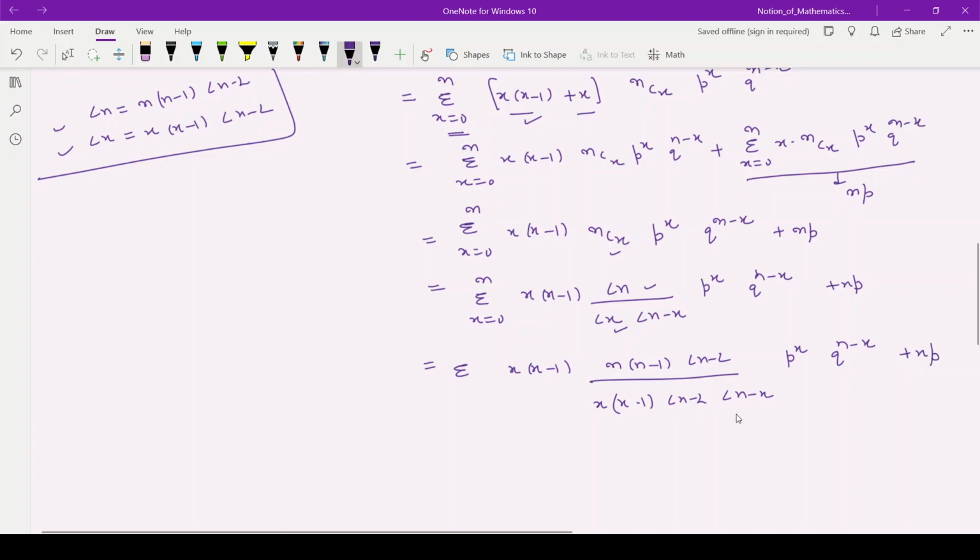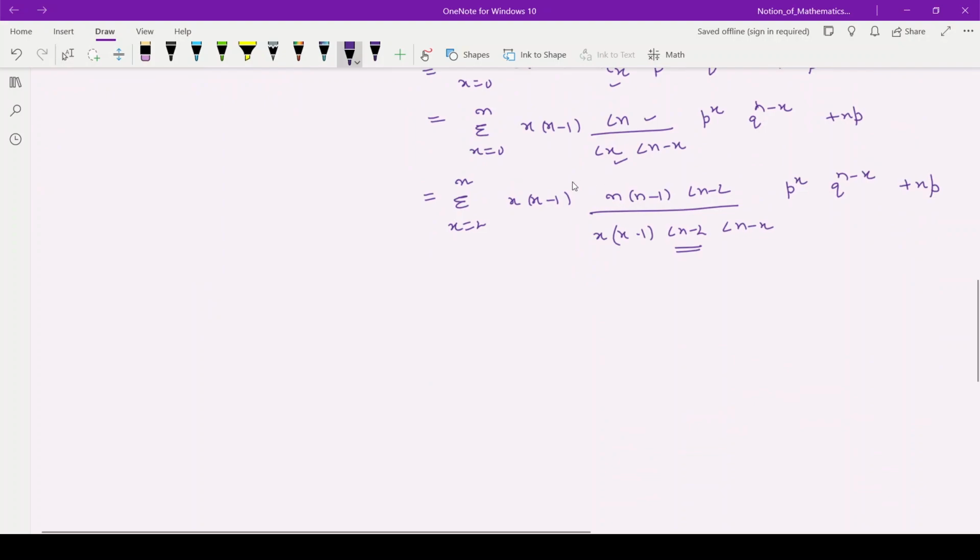So students, since factorial x minus 2 is provided here, this summation will be starting from x equal to 2 now. So as we know, this term and this term will be cancelled out, and this n(n minus 1) I can take before summation. So n(n minus 1), summation x is equal to 2 to n, factorial n minus 2 upon factorial x minus 2 upon n into factorial n minus x, and I will multiply here with p square and divide here by p square.